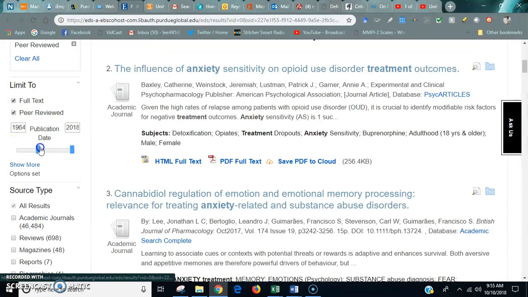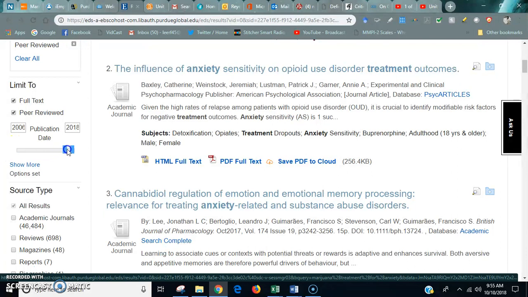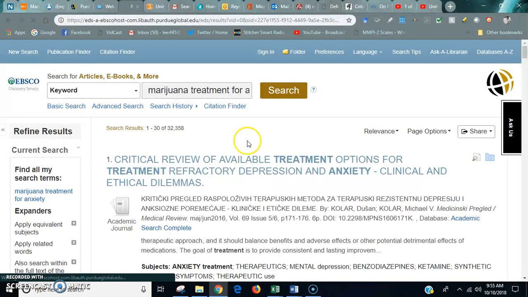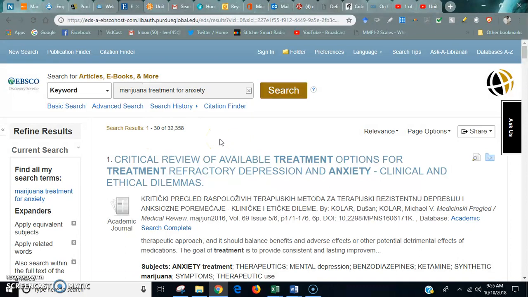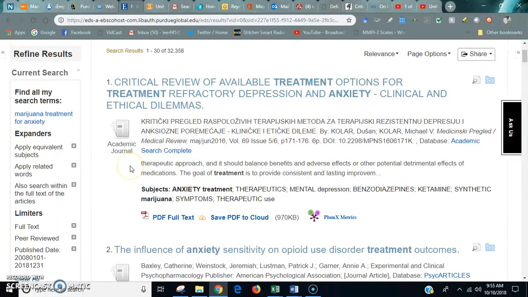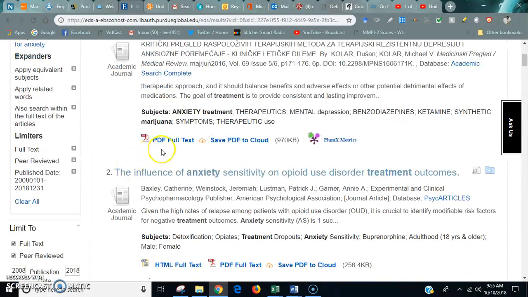I'm going to make sure that it only shows me things that were published within the last 10 years. That didn't really reduce it by much, but the idea is that I don't want to see articles that are not current and not valid anymore at this point.